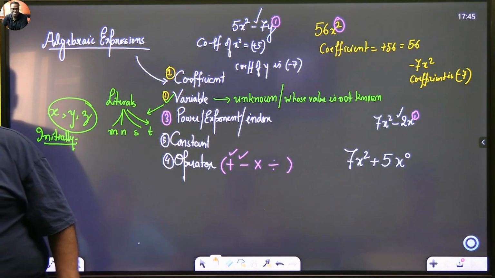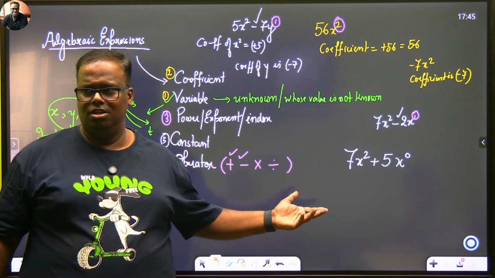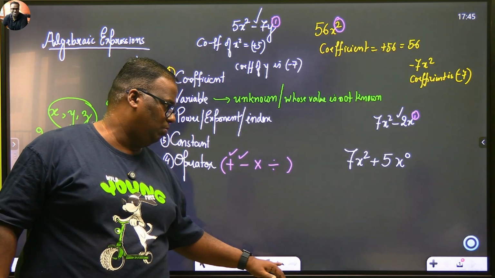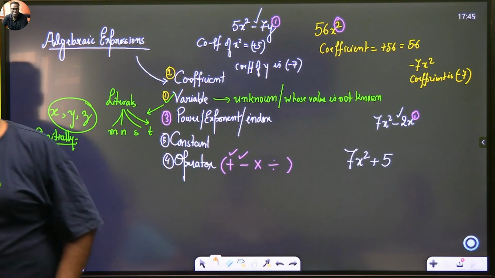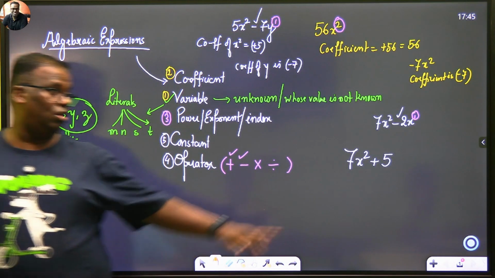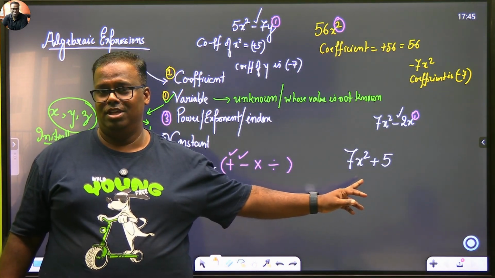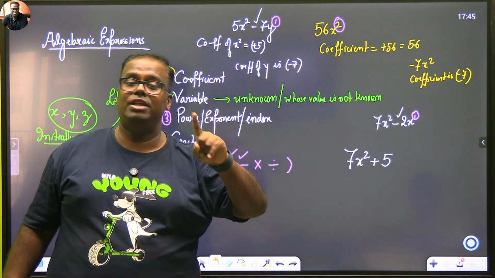You are not seeing it. So what is a constant? A constant is always the coefficient of a variable whose power is 0. So we would not define it in such a complicated way. We'll say a constant is something which does not have any variable associated with it. So what is the constant out here? +5. If it would have been 7x square minus 5, then the constant is -5.